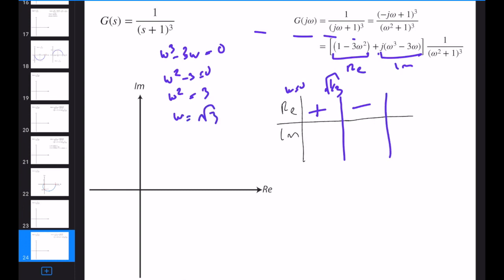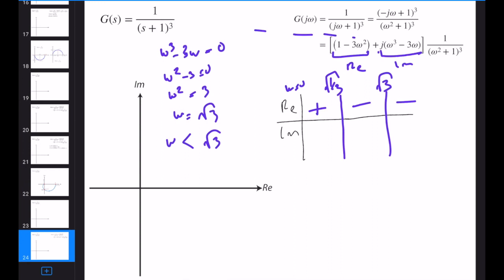Here the real part is still negative. When omega is less than square root of 3, this is small and this is large, so the imaginary part is indeed negative. After we pass this frequency, the imaginary part becomes positive.